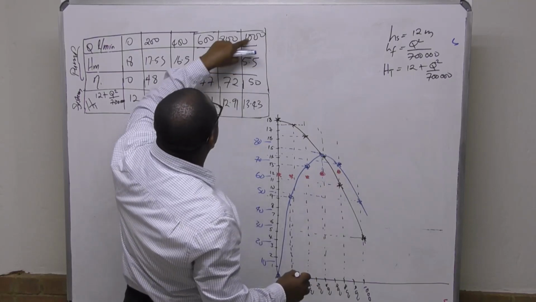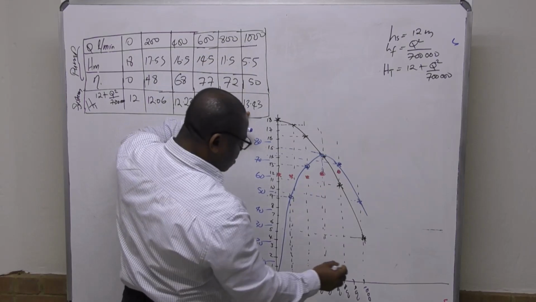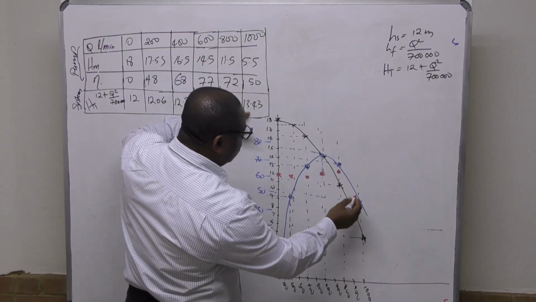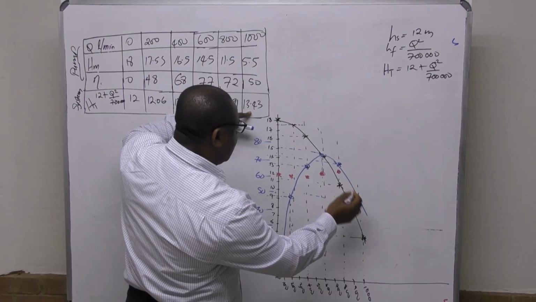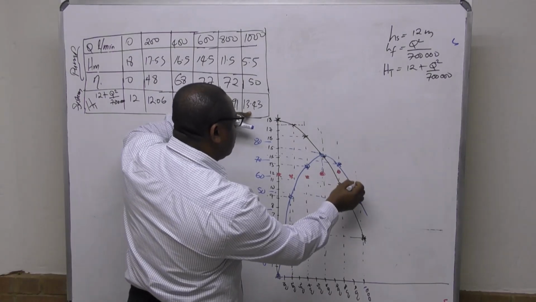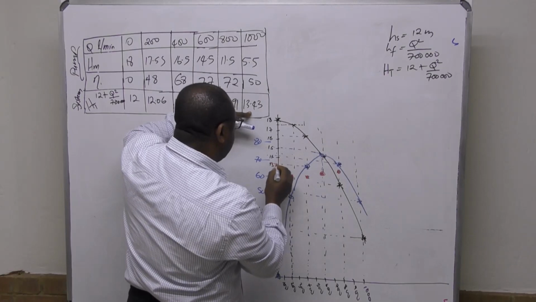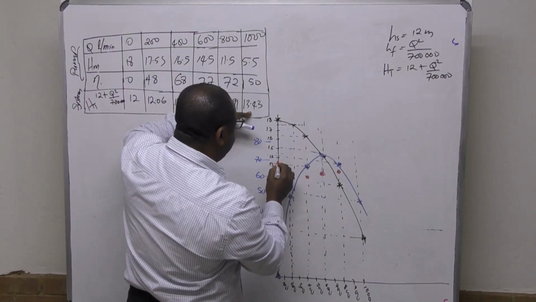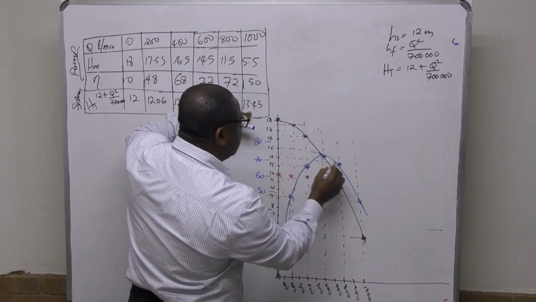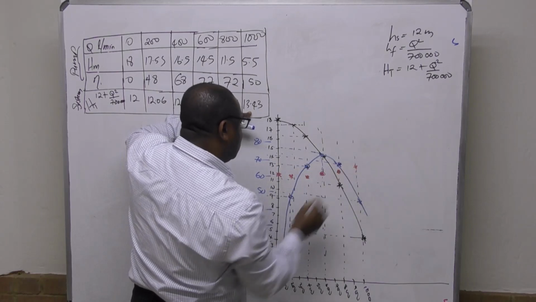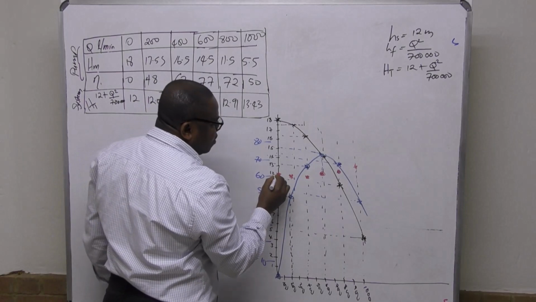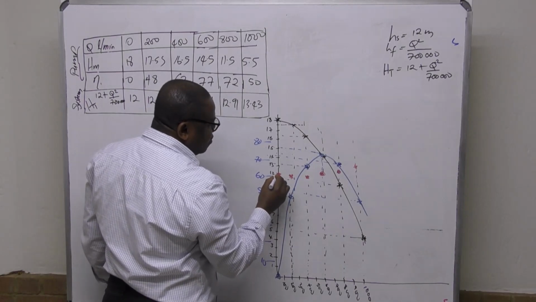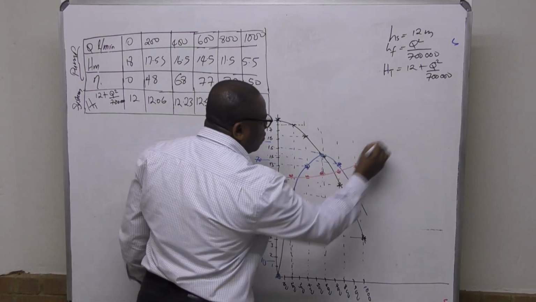When this is 1,000, this goes to 13.4, almost 13.5, so I take that to this. So you will see that the system characteristics curve will look like this.